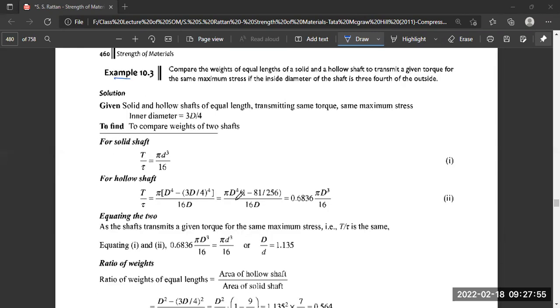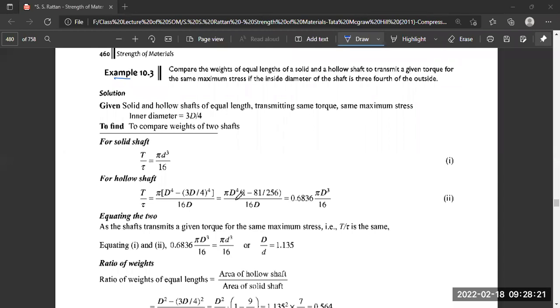Now, let us go through one new problem. Compare the weights of an equal length of solid and a hollow shaft to transmit a given torque, provided for the same maximum stress, if the inner diameter of the shaft is 3/4 of the outside diameter.